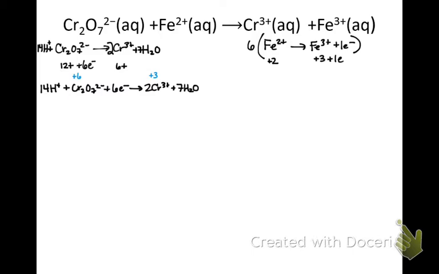So we're going to have 6 iron 2 pluses plus 14 H pluses plus dichromate plus 6 electrons goes to 6 iron 3 pluses plus 2 chromium 3 pluses plus 7 waters.